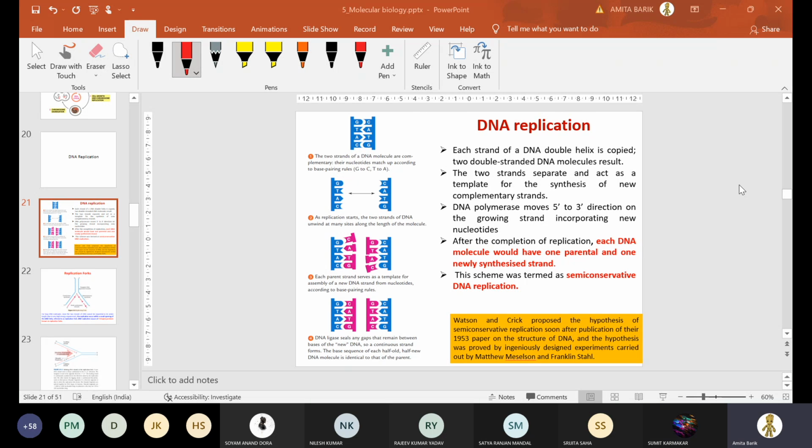Yes, and that is because of the pentose and the phosphorus at the 3' end, and the direction of the phosphorus. One is in the upper direction, another is in the lower direction. So these two strands are anti-parallel in nature. Okay, the first thing.